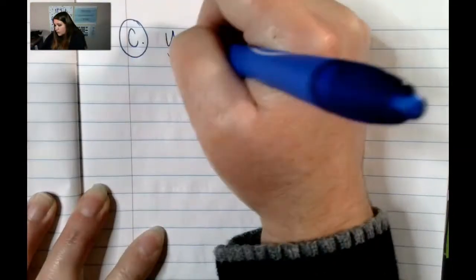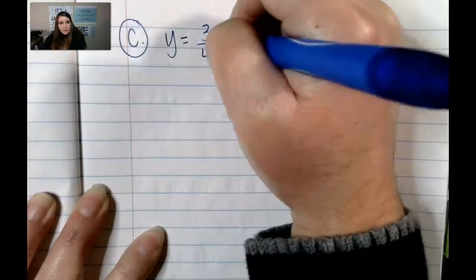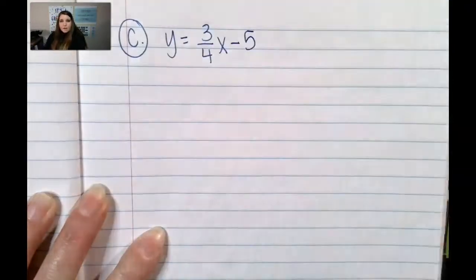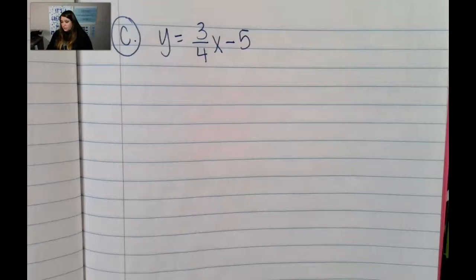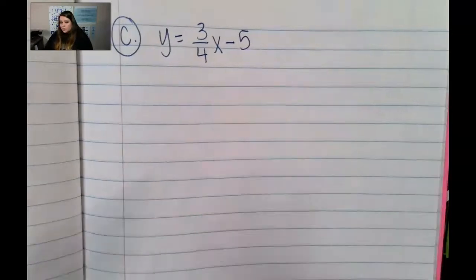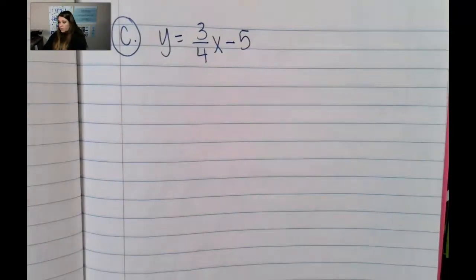So here is another example. Example C says y equals 3/4 x minus 5. So our job is to identify the slope and the y-intercept. So we need to rewrite this so that it says y equals mx plus b.